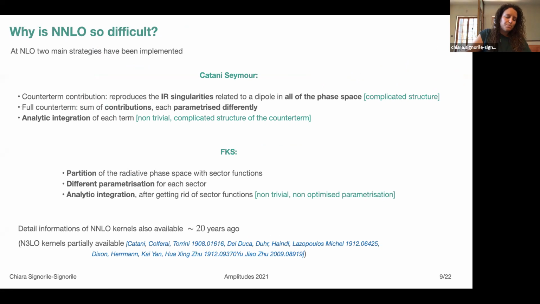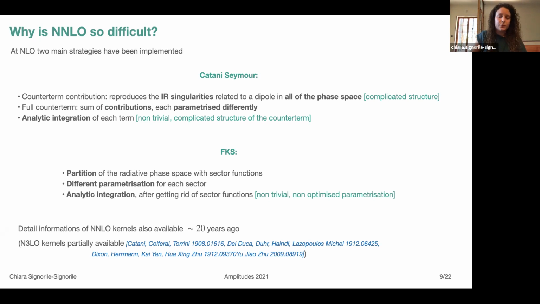Well, taking a step back to the schemes implemented at next-to-leading order, we can realize that, although they are quite general and efficient, they still have some non-optimized aspects. For example, the Catani-Seymour scheme, which is based on the philosophy of creating a kind of interpolation between soft and collinear singularities for all pairs of partons that can become unresolved, is intrinsically based on a counterterm that has a complicated structure.